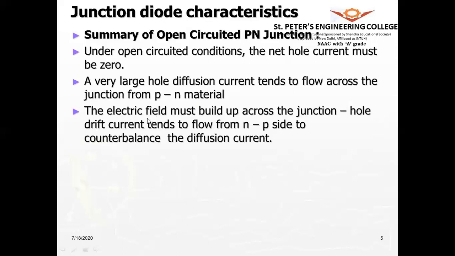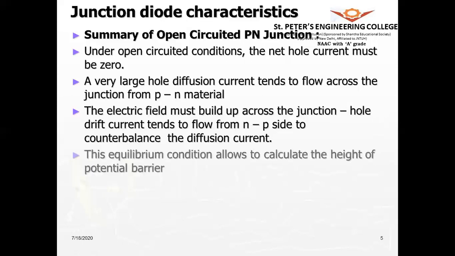Because of the electric field, the charges get drifted, so we call it the drift current. So in a semiconductor, we expect two types of currents, diffusion current as well as drift current.